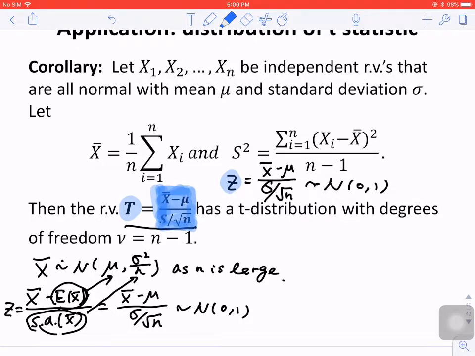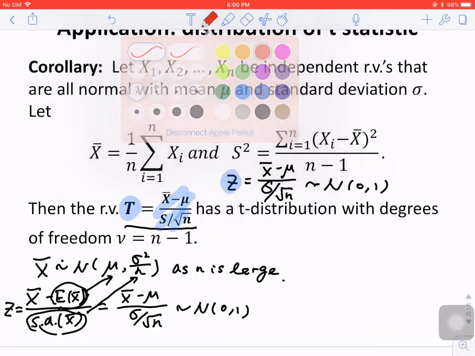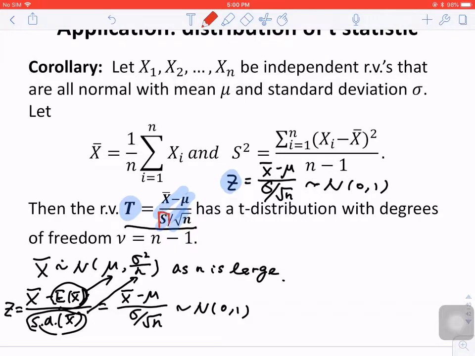So if t is equal to this stuff, you compare this formula to this formula. You're going to find the only difference between these two parts is that we use s to write a t, and we use this sigma to write a z.